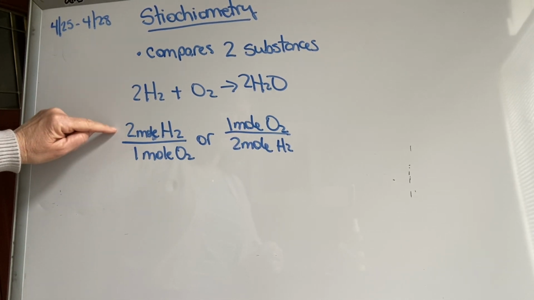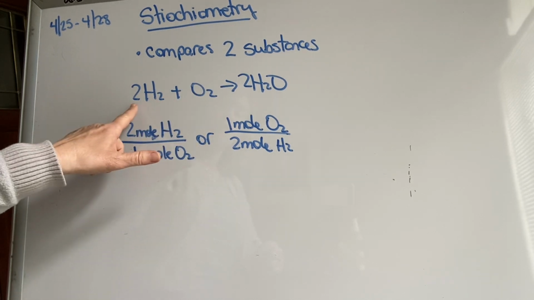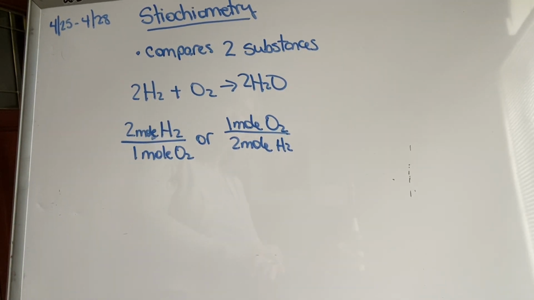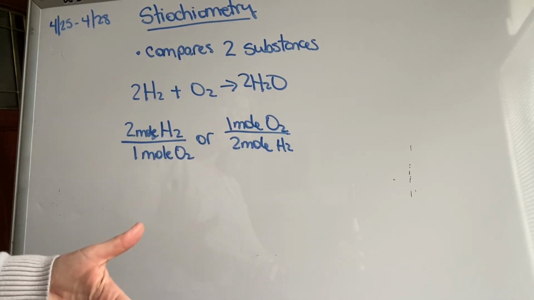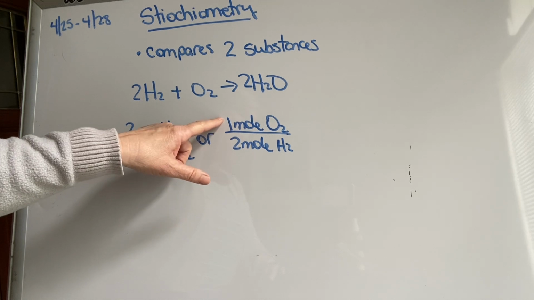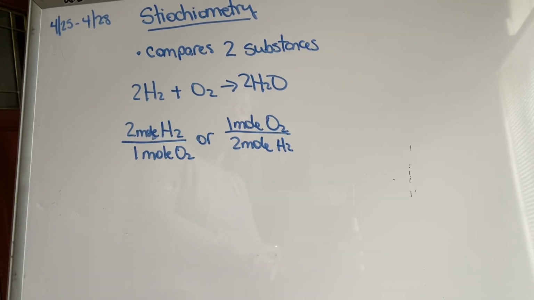And again, I got that from the chemical equation and the coefficients placed in front of each substance. We could also invert that. It's the same thing, but in this case, we would read that for every 1 mole of oxygen, there are 2 moles of hydrogen. And that's the basis of stoichiometry.